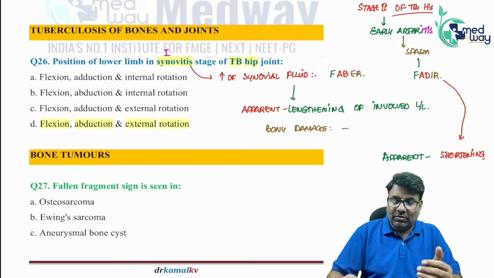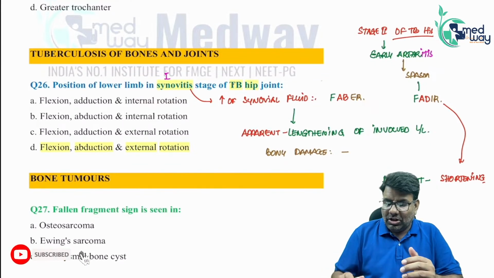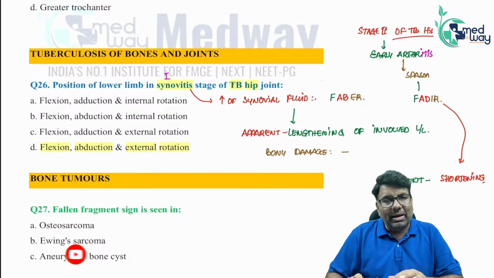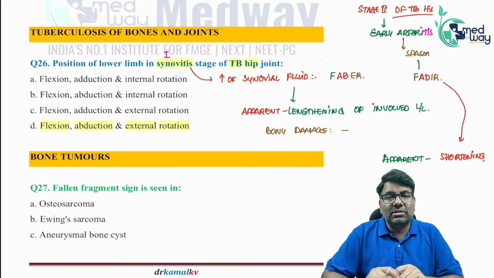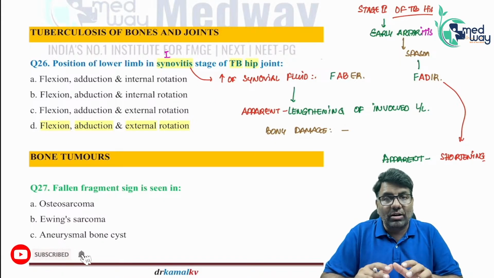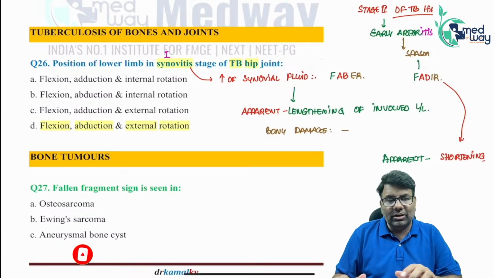After this, the patient will go into stage 3 where there will be actual bony damage. So the position of the lower limb will remain as such, but since there will be bony damage, the length will be short as compared to the other side, and then instead of apparent shortening, you will write true shortening. So that is stage 3.